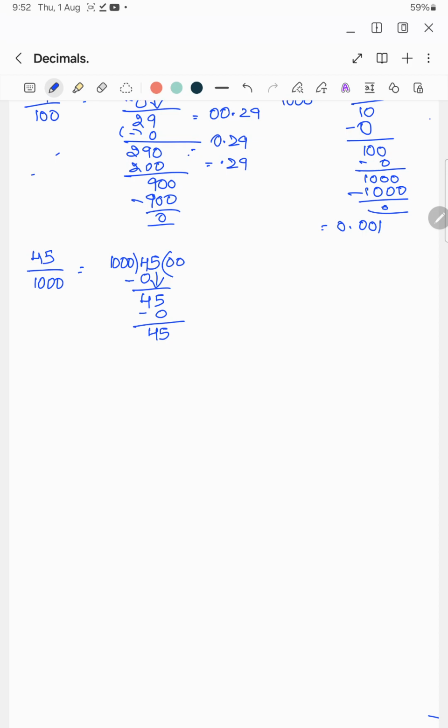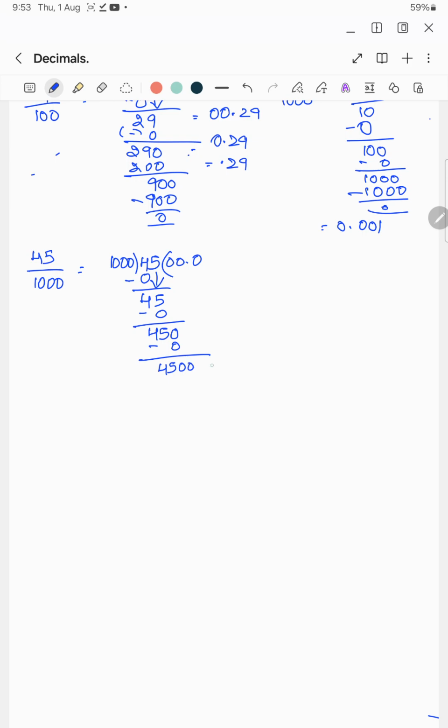So we have to convert the remainder to decimal part. If you want to convert the remainder to decimal part, first add a decimal point here, and then we add the 0. Okay. So 450 is also less than 1000. So we have to check for the multiple of 1000. So it will be 0 and this will be 0. 450 is the remainder.